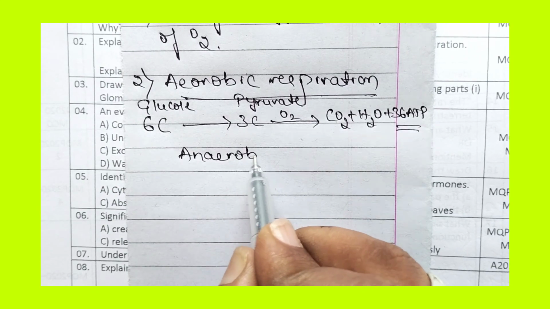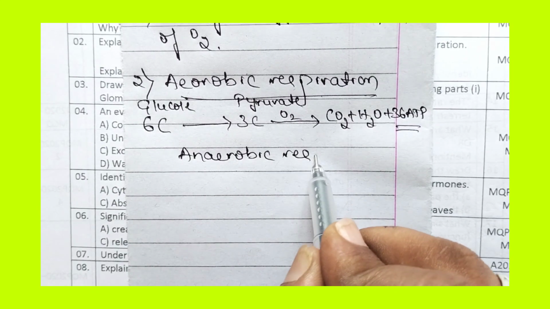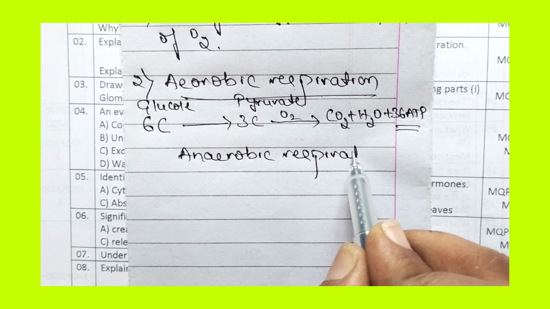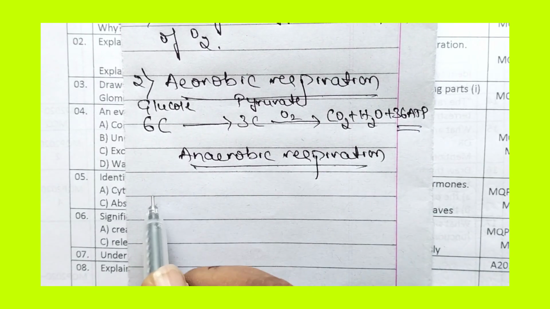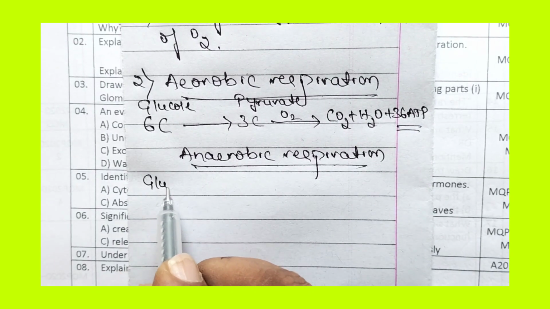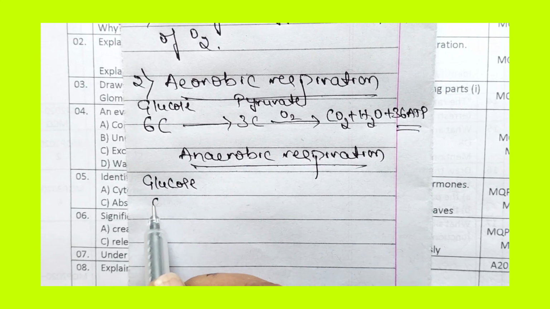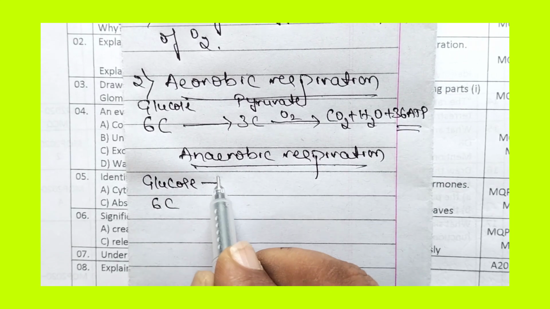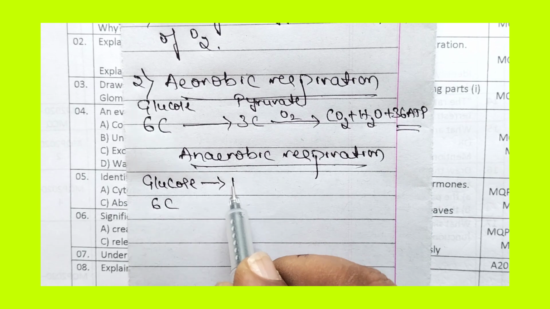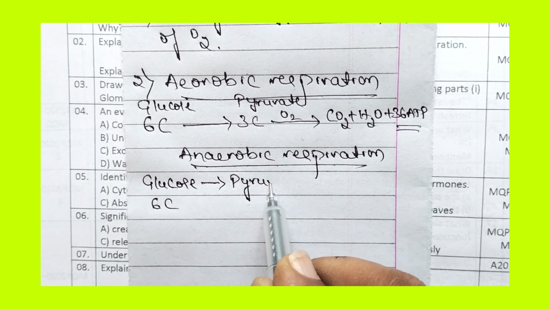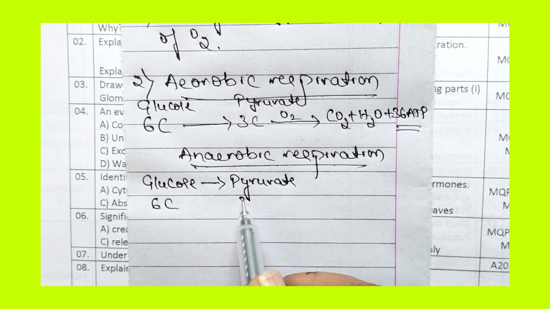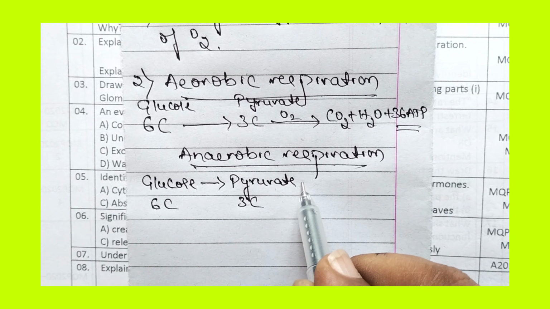So let us see what happens in anaerobic respiration. Glucose, which is a 6 carbon molecule, is converted into 3 carbon molecule called pyruvate.